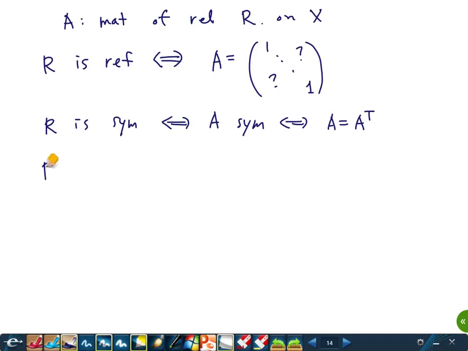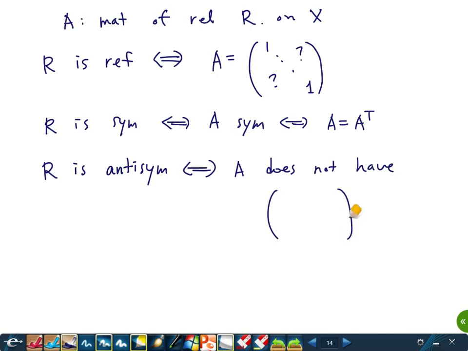What about R is antisymmetric? This means A does not have this kind of pattern in the non-diagonal entries, where they are symmetric mirror images.